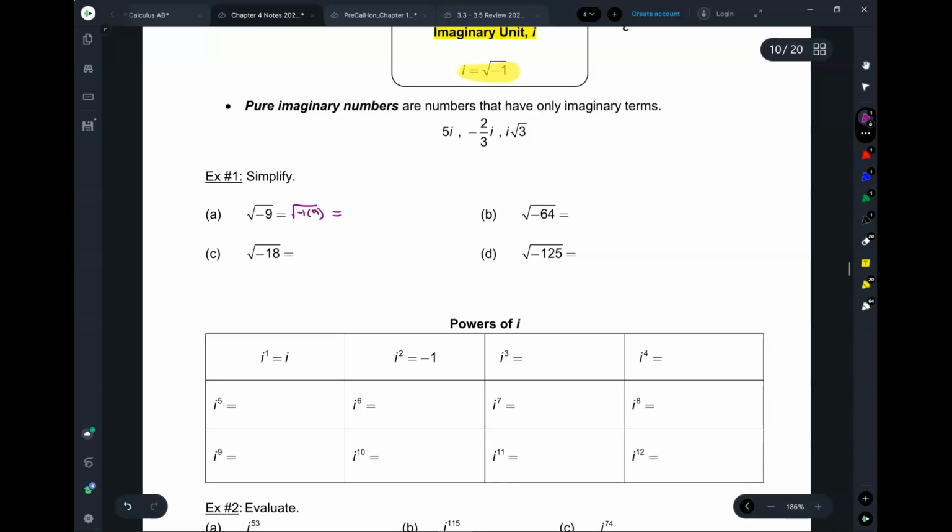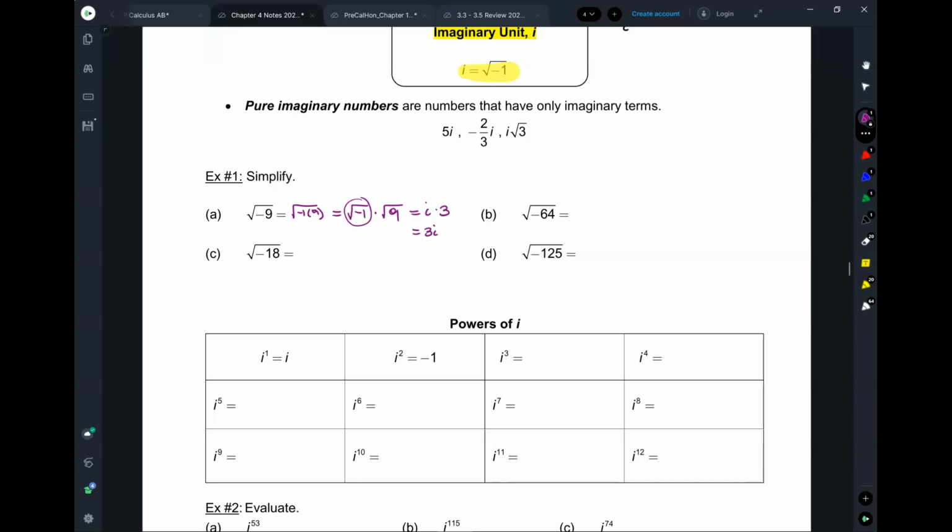So it's actually the square root of -1 times the square root of 9. So the square root of -1 is i. The square root of 9 is 3. But convention is we always write the number first, then the i, so 3i. Okay? That's where it comes from.